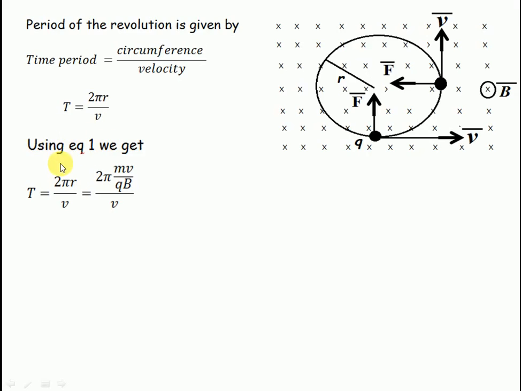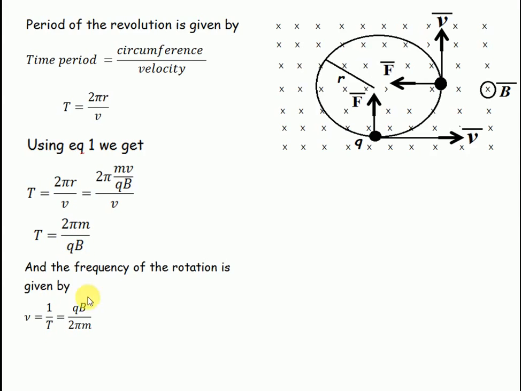If you use equation number 1, r = mv/(qB), and put the value of r, you are left with T = 2πm/(qB). Frequency is just the reciprocal of the time period, so it will be qB/(2πm), where m is the mass of the charged particle. This frequency is called the cyclotron frequency.